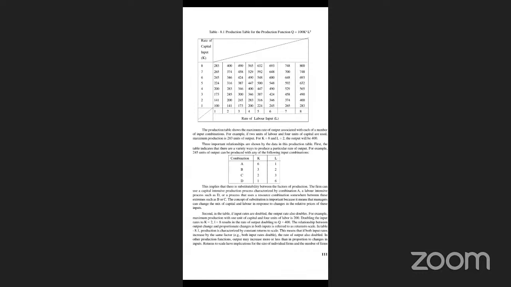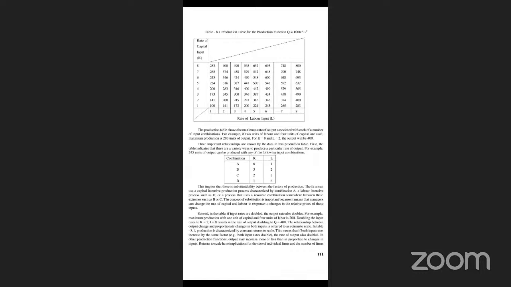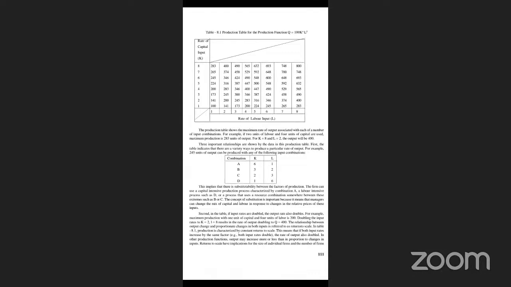And this indicates that the factors of production are substitutable, and the firm can use an intensive production process, resource combinations between B and C, and the concept of substitution is important. This is about the Cobb-Douglas production function.